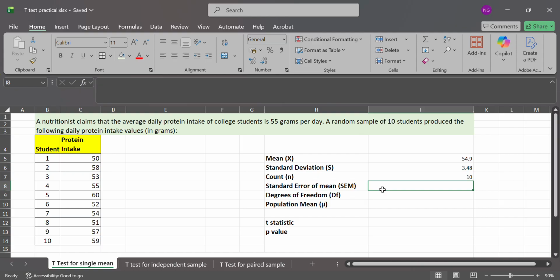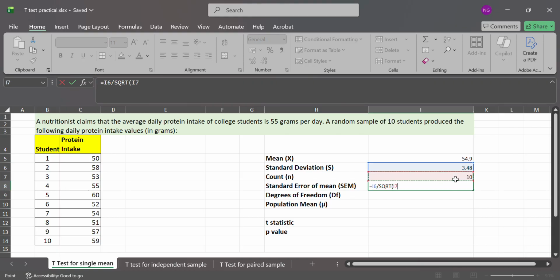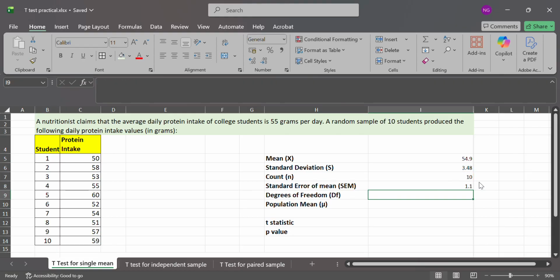Now standard error of mean, the formula is standard deviation divided by square root of total count, which is n. So here our formula will be equal to standard deviation. I'm going to select the cell of my standard deviation, which is this, divided by square root, which is SQRT, bracket, my n value, which is this, and I'm going to close the bracket and press enter.